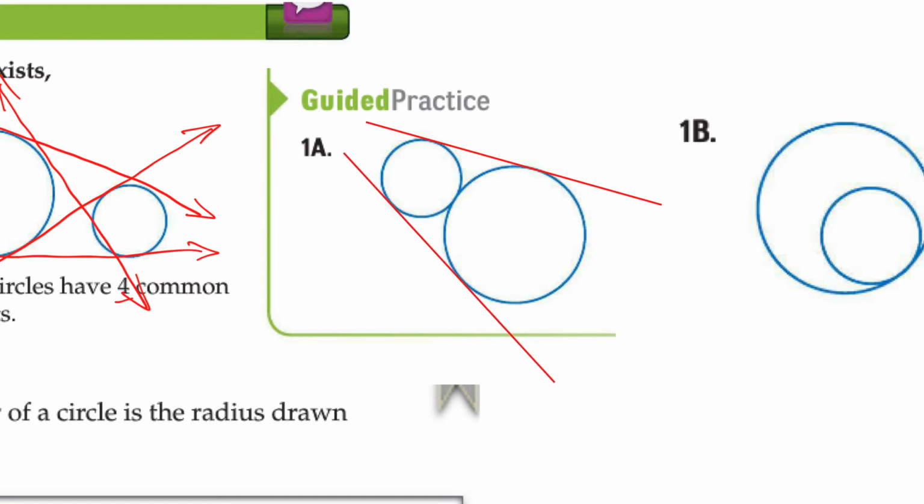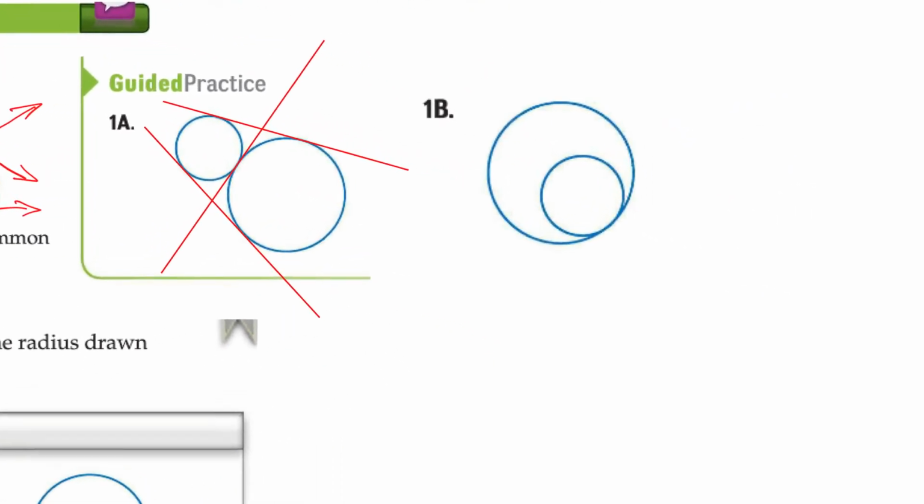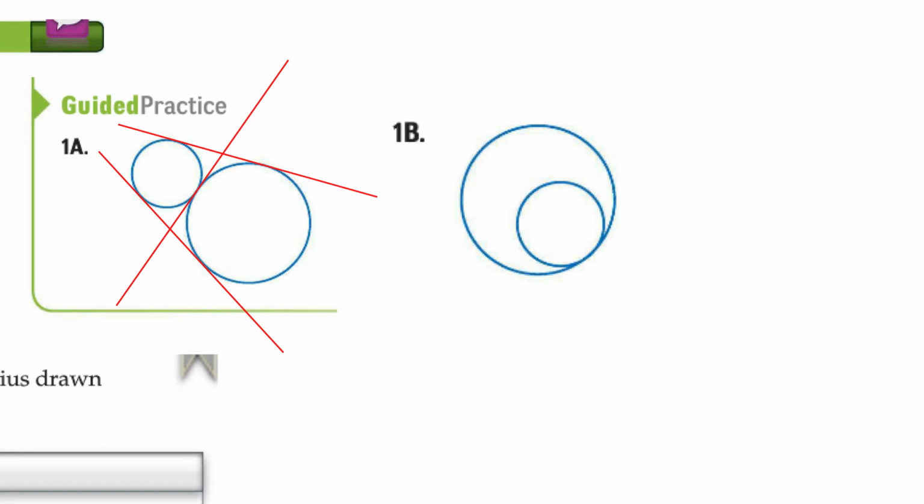There's 2. And then there's 3. All right. How many common tangents do you have on these two circles? Yeah, definitely there's just 1. Something like that.